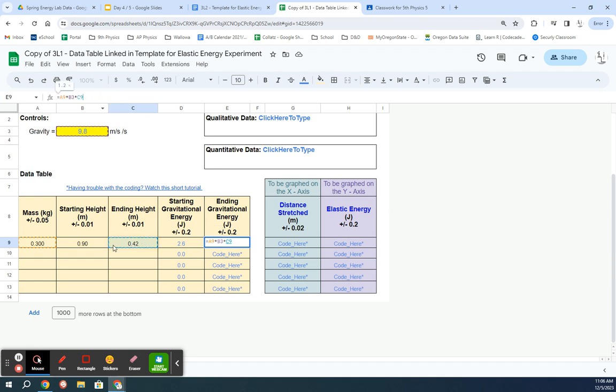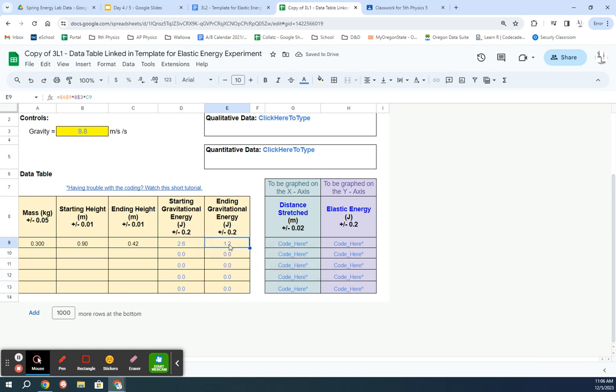So again, we can check to make sure that the boxes that we want are selected, and they are. Don't forget we can do that $ trick so that we can lock in the 3, and that way when we paste that down, it saves that value and it uses the correct values here.